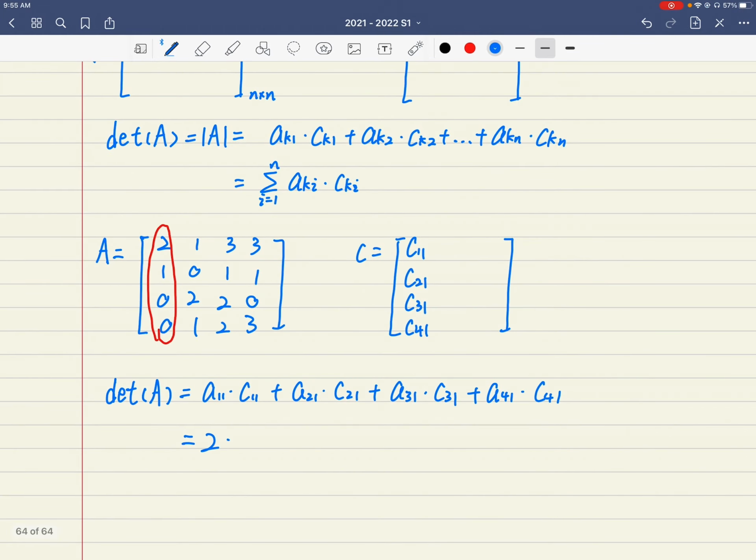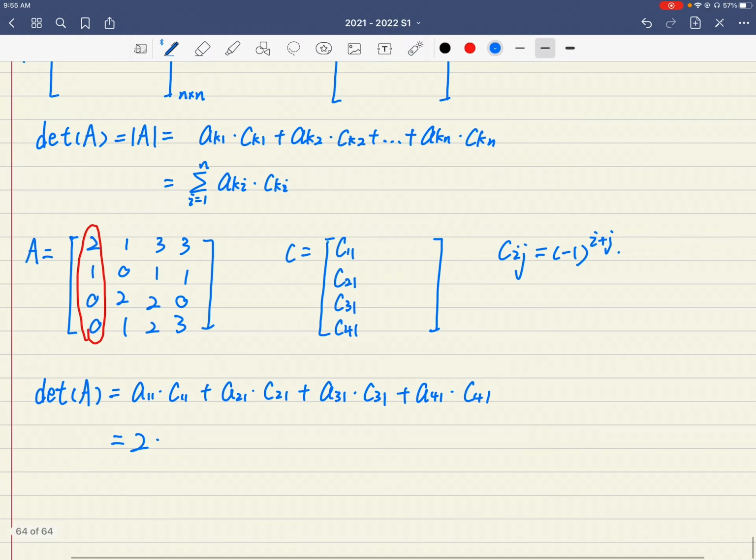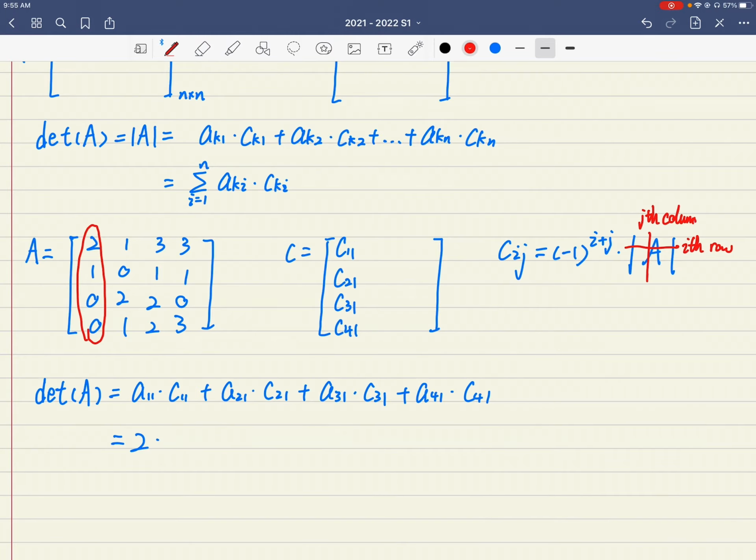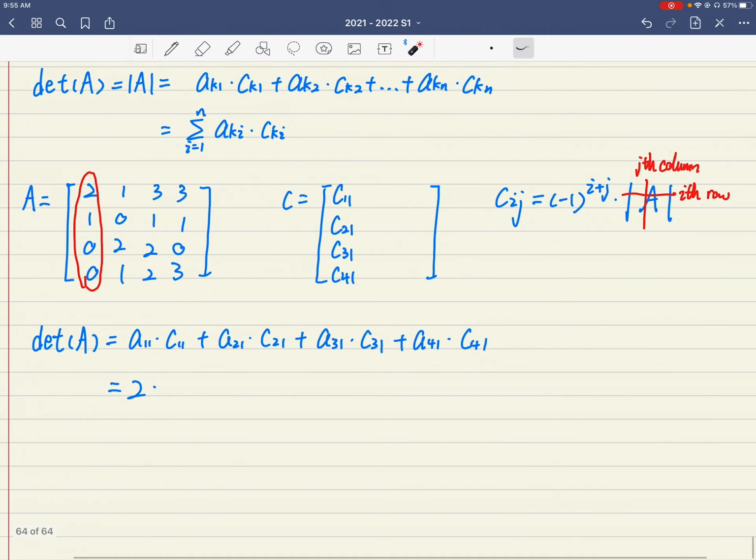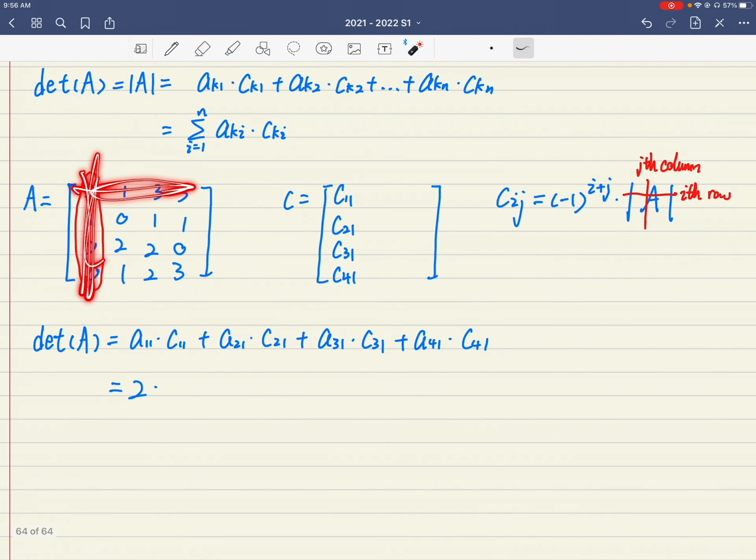Don't forget C's formula: Cij is (-1) to the power of i plus j times the determinant of A after you've deleted the ith row and the jth column. So for C11, you delete the first row and first column of A, and you get the determinant of this.